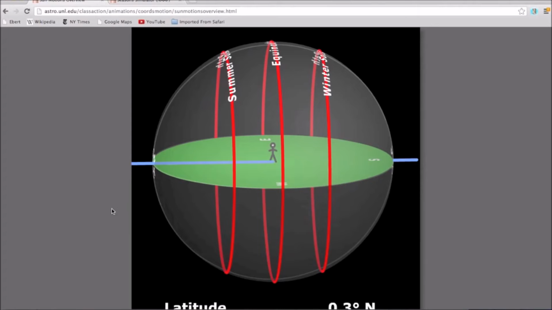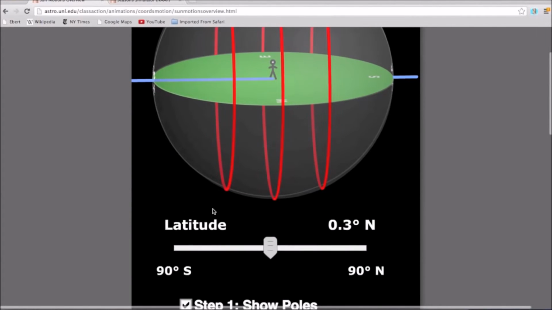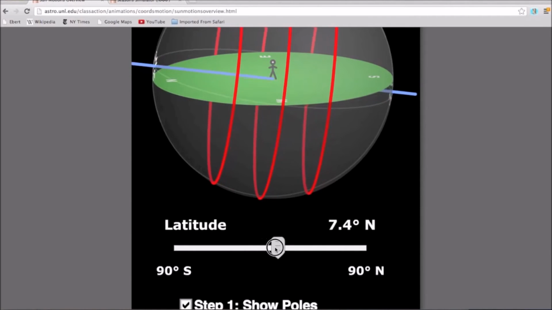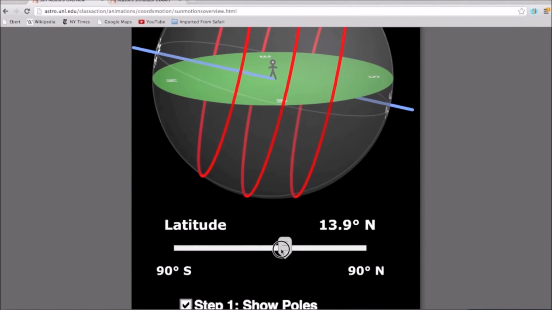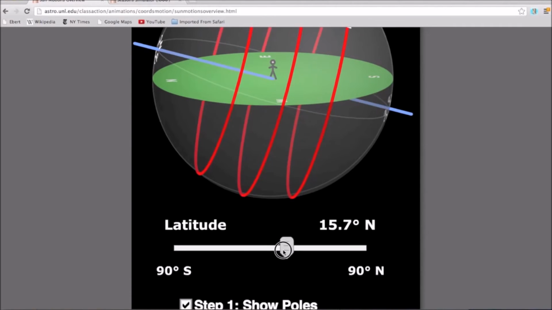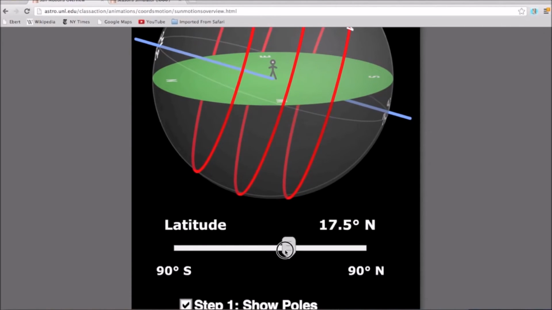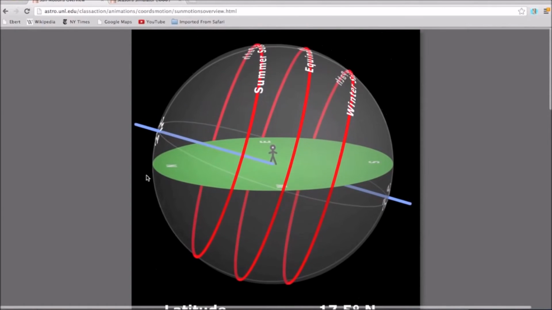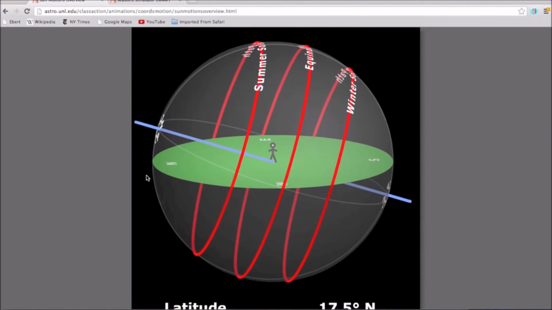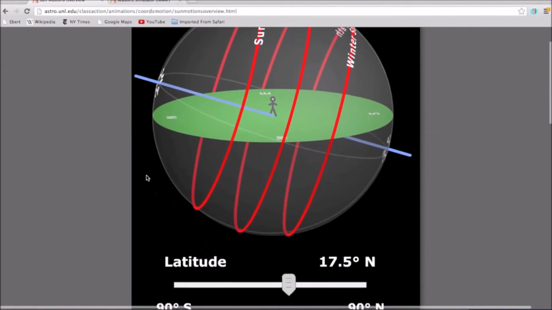If you live somewhere between the equator and one of the tropic lines on the globe, so all the way up to 23 degrees north or 23 degrees south latitude, then at some time during the year, you would be able to get the sun directly overhead. When does that happen? Well, it depends on what day of the year.